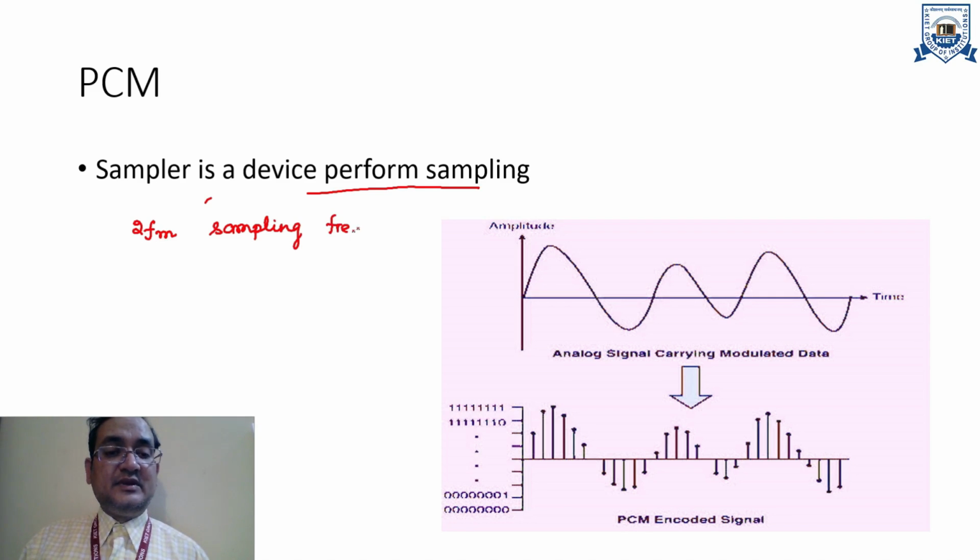This sampling frequency is very important because twice of FM is considered as the Nyquist frequency, as I have already told you in the previous videos. So we have to sample our signal at the rate of twice of FM, where FM is the maximum frequency content of our message.